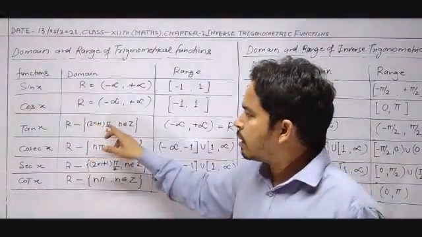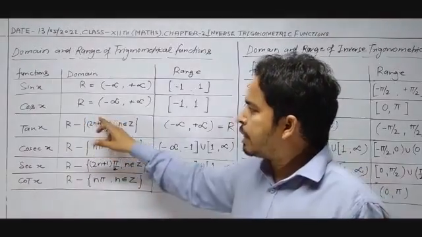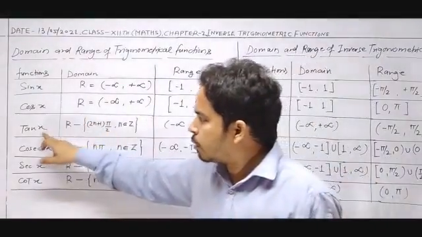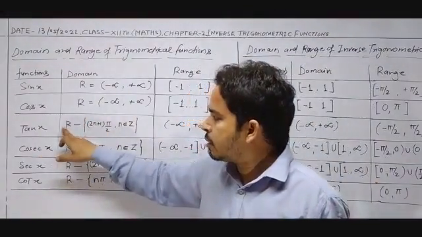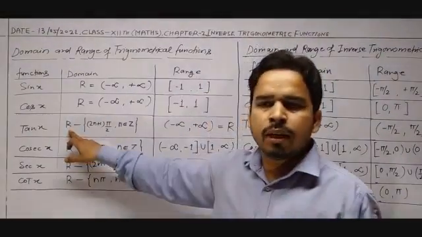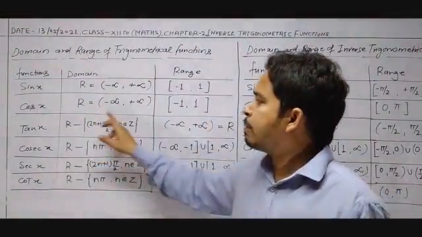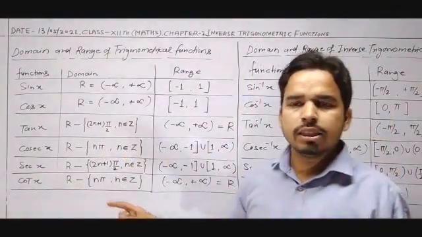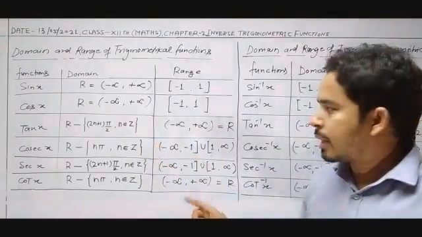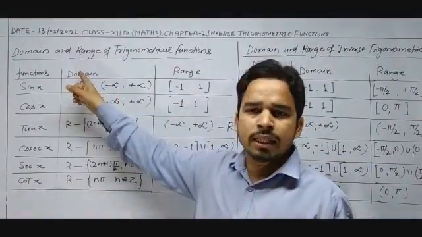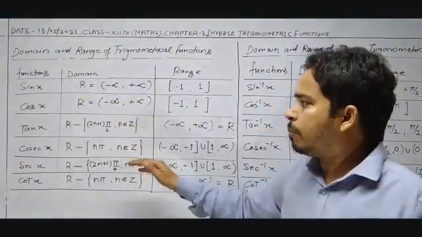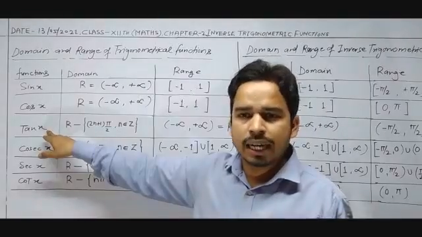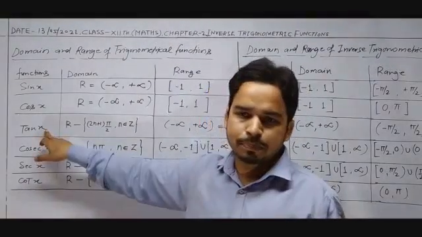So the domain is all real numbers excluding odd multiples of pi by 2, because tan of pi by 2 is not defined. According to the definition of domain, the set of all possible values of x at which the function is defined, that is domain.